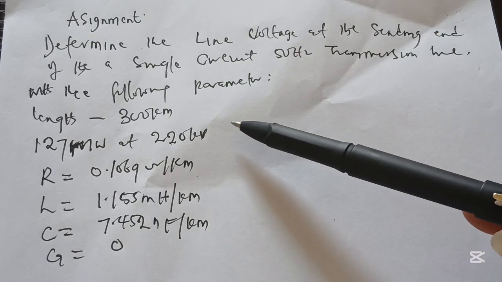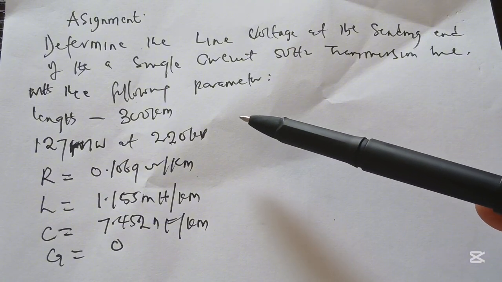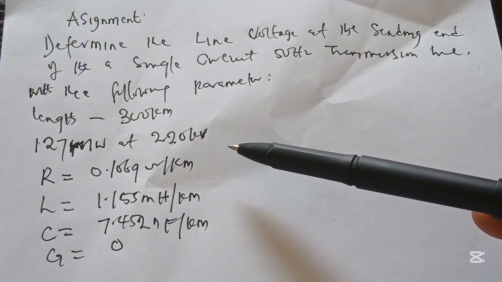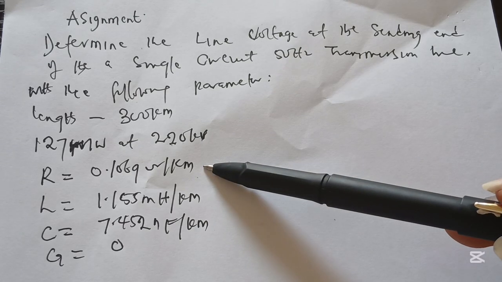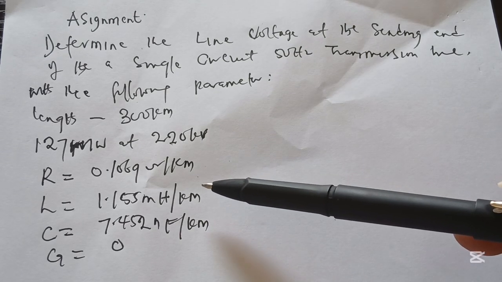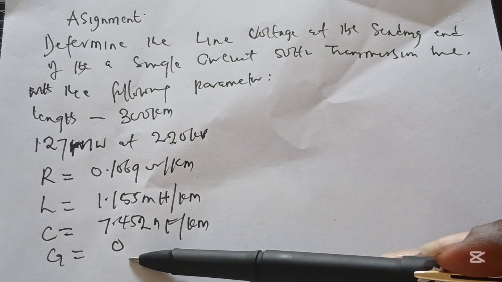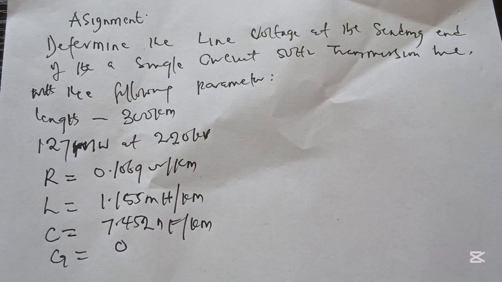The length is 300 kilometers and the load is 127 megawatts at 220 kilovolts. This is the resistance. This is inductance and capacitance. This is 0. So I want you guys to write the answer in the comment section.